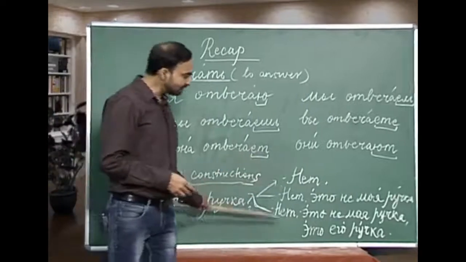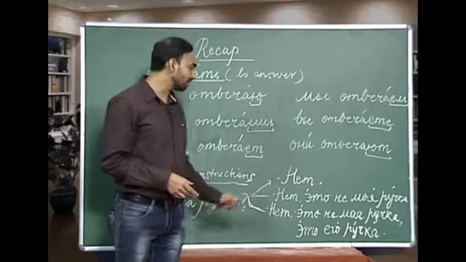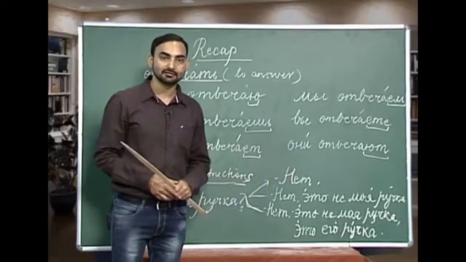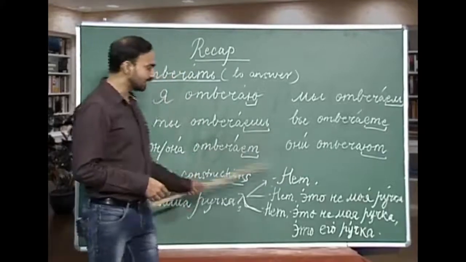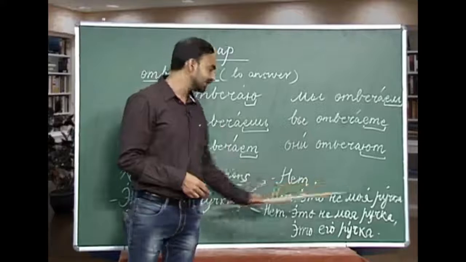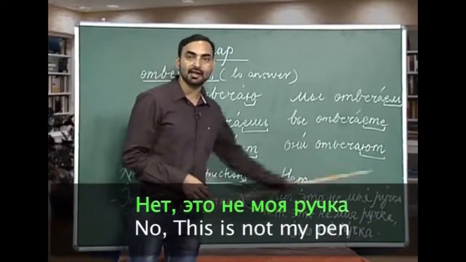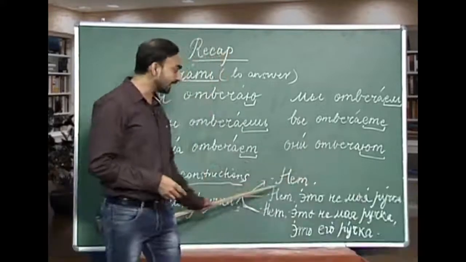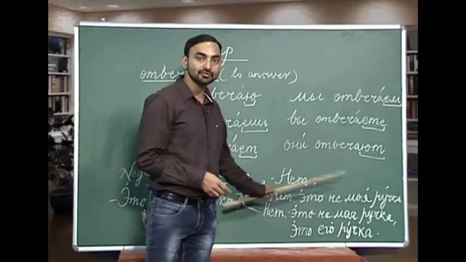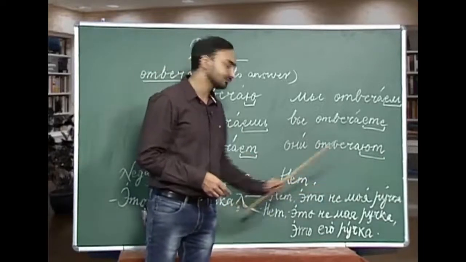There are three ways you can answer this question. First one is the short answer. Just say нет, no. Or you can say a complete answer, which is нет, это не моя ручка. There are two negations here. So, in Russian we use dual or double negation.